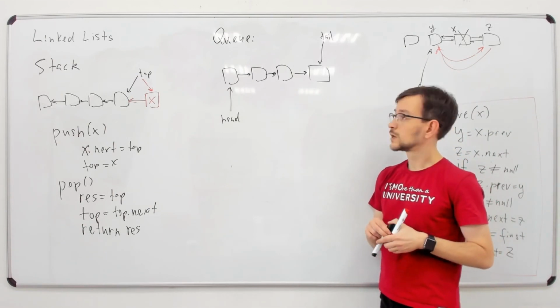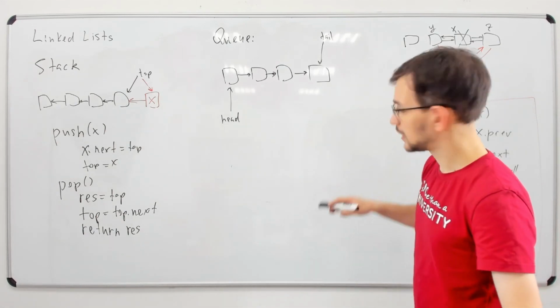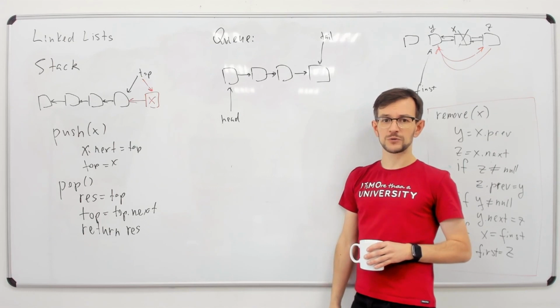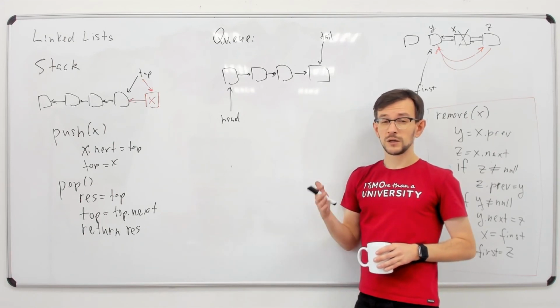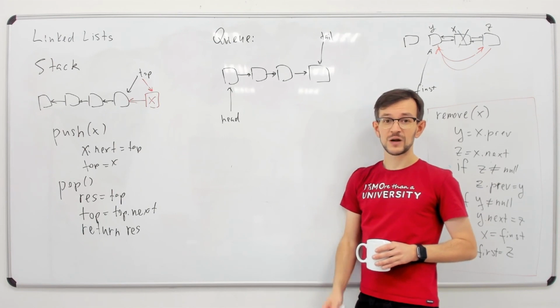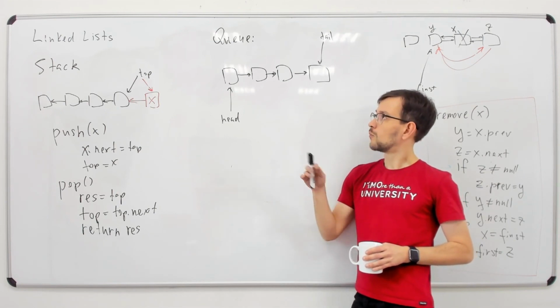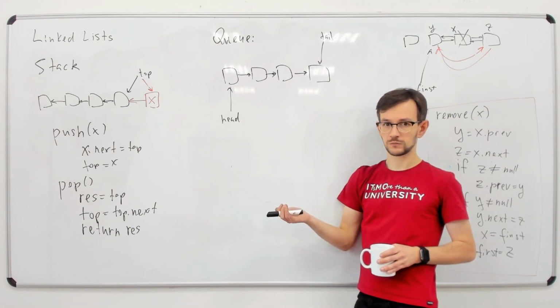Okay, let's do it. So what happens when we add a new element? It's a little bit more complicated when you may have an empty queue. What happens when you have an empty queue? There are two ways of doing this. You may have both pointers equal to null when you have an empty queue.